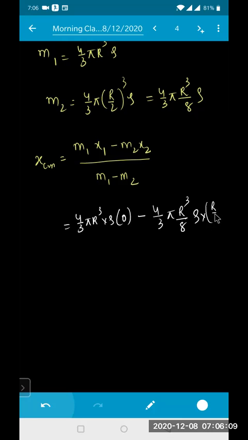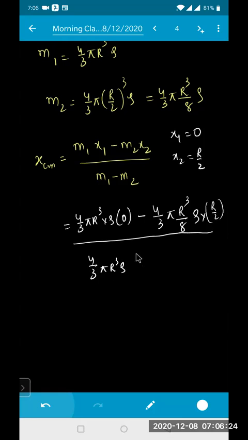The distance is r/2, x2. x1 is origin, so x1 is 0, x2 will be equal to r/2. So this will be equal to 4/3 pi into r cube into rho, mass is volume into density, minus 4/3 pi into r cube divided by 8 into rho.